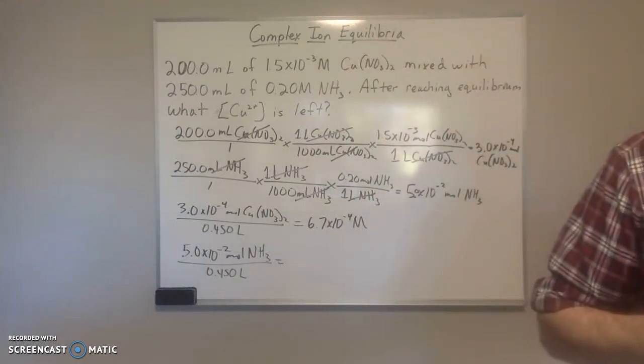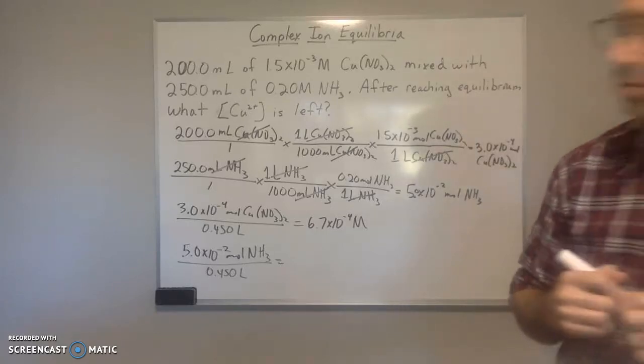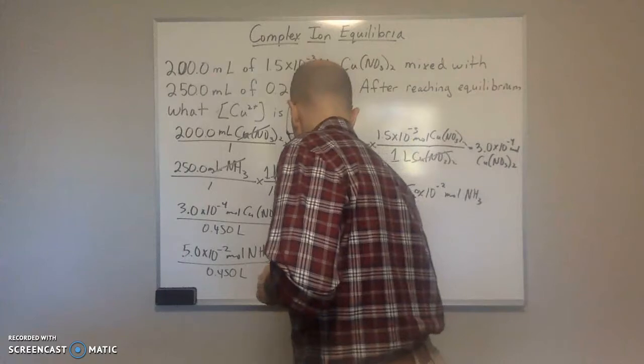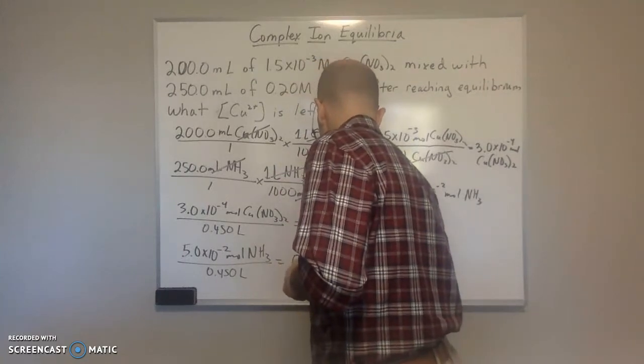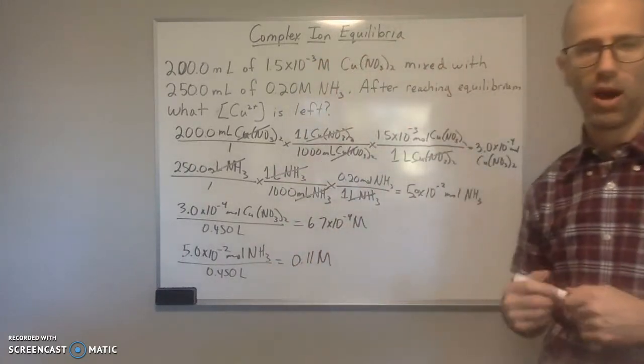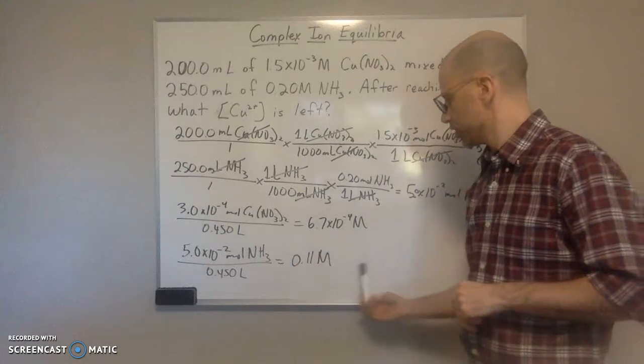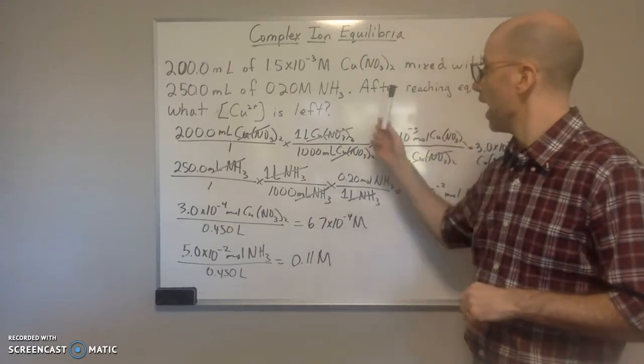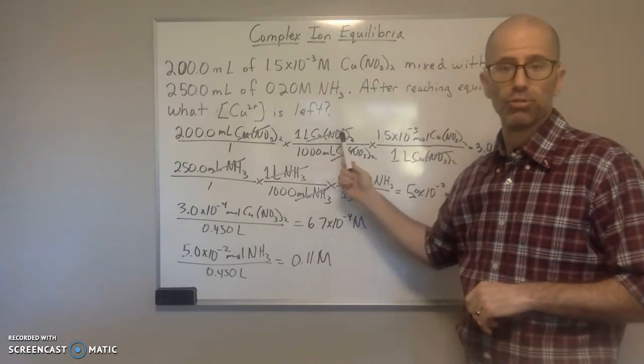And for the ammonia concentration, it would be 0.11 molar. Okay, so these are the concentrations that we need after we've mixed our two solutions together.